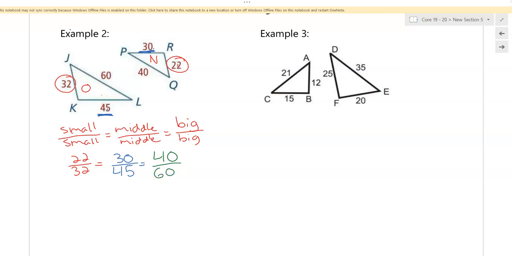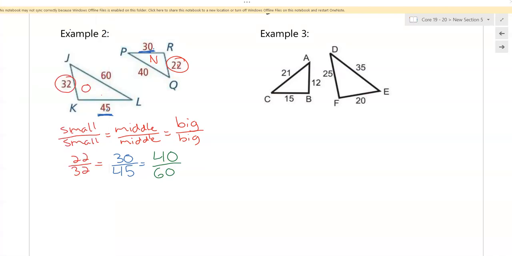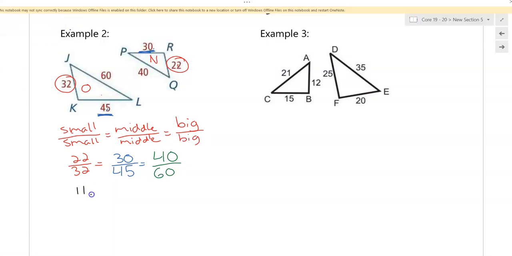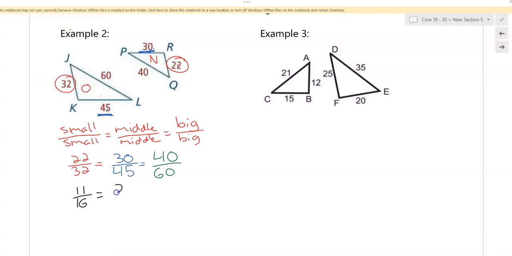So again, reducing my fractions, I have 22 over 32, which is 11/16. 30 over 45 is 2/3.